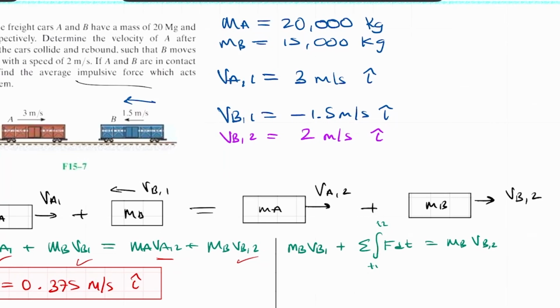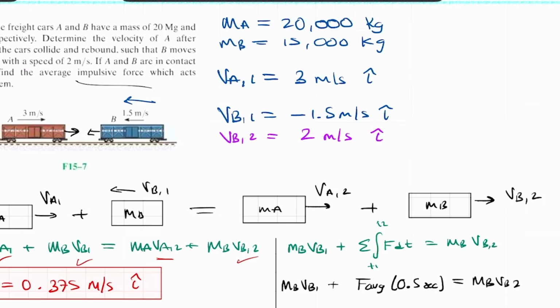So this will be, once again, mass B, velocity B1, plus the average force, that's the impact force. As they collide, they're going to impact each other. So this is the average force times the 0.5 seconds that they are in contact, equals mass of B times VB2.